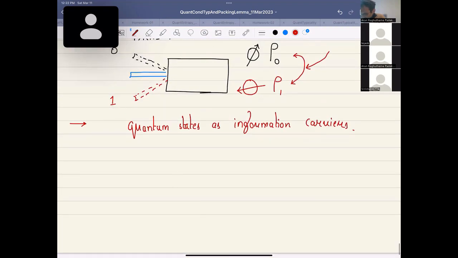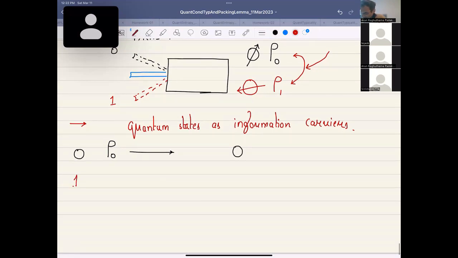Ideally, what you want to do, if you get bit 0, you will put your lever in state 0. It will prepare the quantum state rho_0, and you will give it to somebody who is going to somehow be able to distinguish it from rho_1 and then figure out the bit is 0.